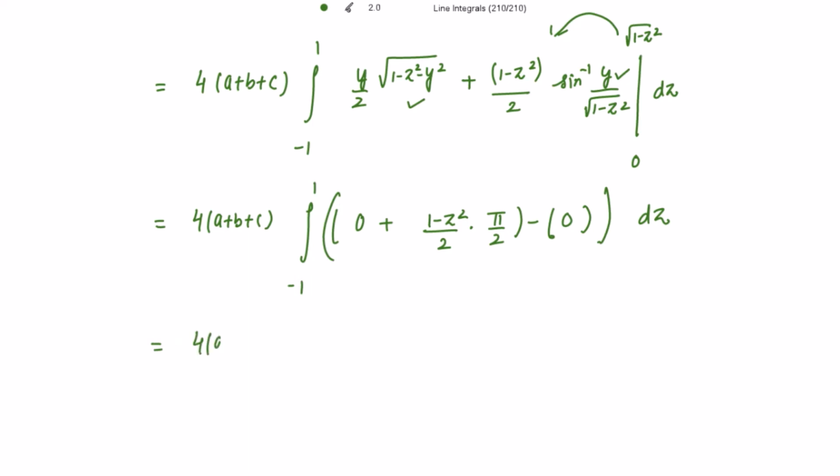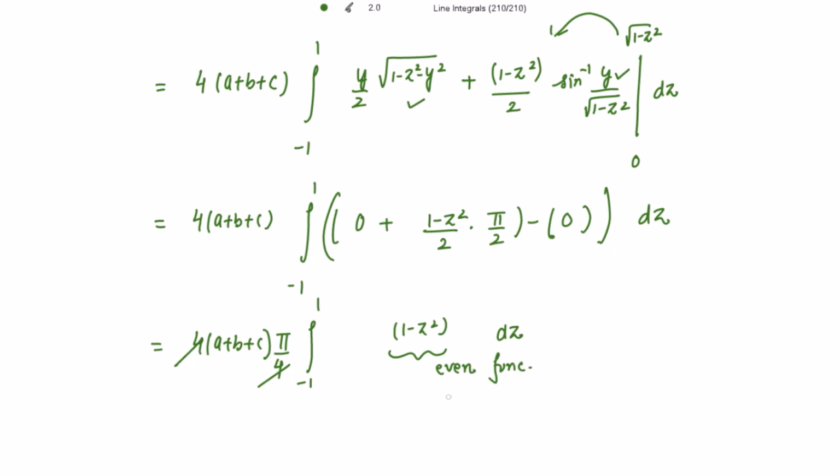So this is 4 times (a + b + c), integral of π(1 − z²)/4 dz. Taking this π/4 outside, and this 4 gets cancelled out. Again, we have an even function over here.